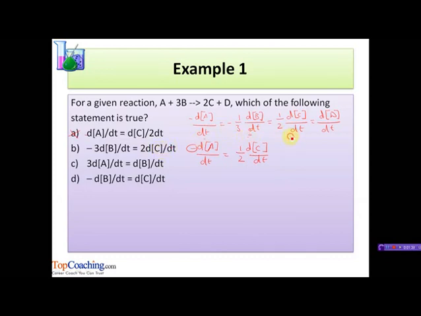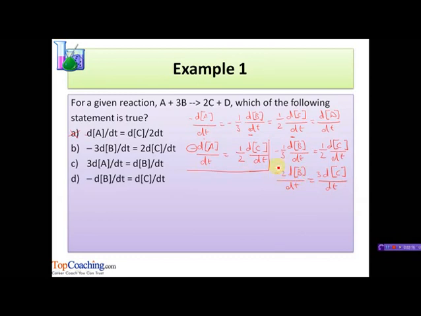Now if we compare these two terms, we can say minus 1 by 3 dB upon dt is equal to 1 by 2 dC upon dt, or minus 2 dB upon dt is equal to 3 dC upon dt.